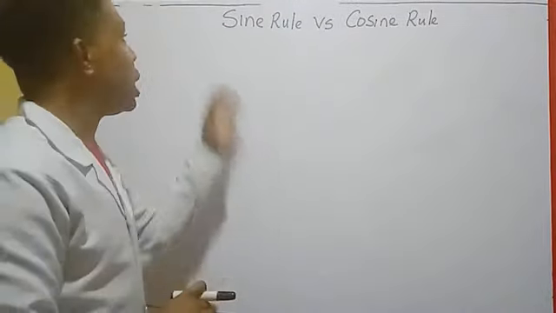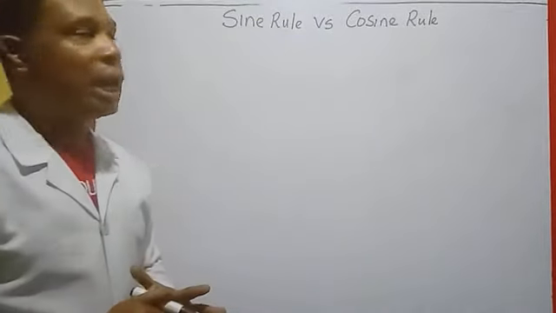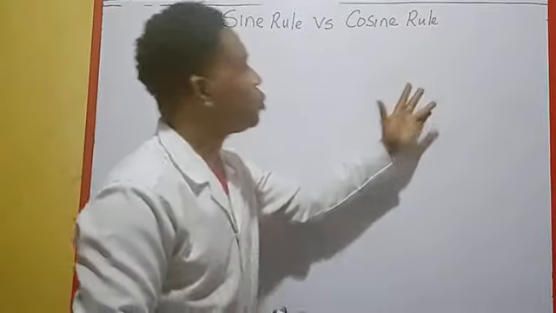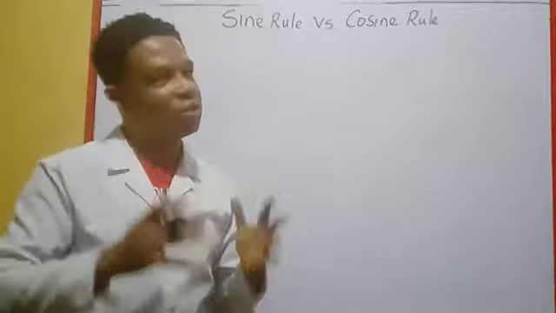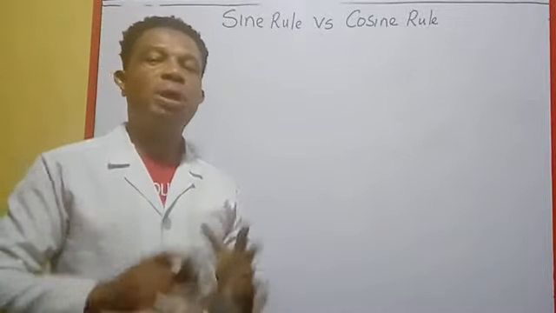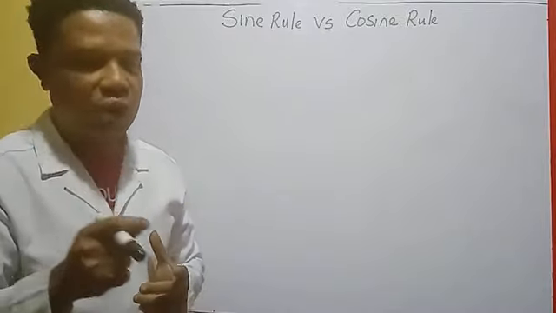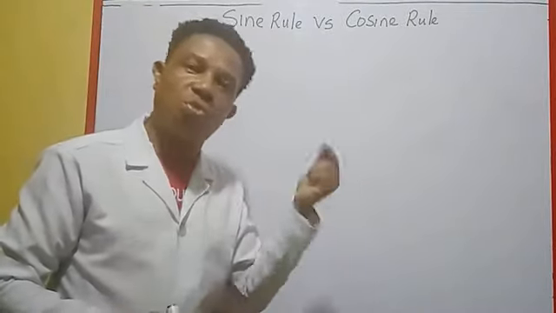Now, I want to talk about sine rule versus cosine rule. In my previous video, I discussed the Pythagoras theorem, which, like I said, is applicable if the triangle is a right angle triangle.